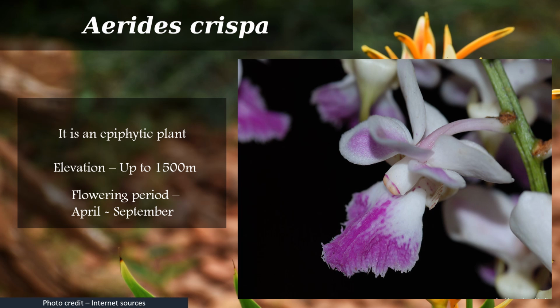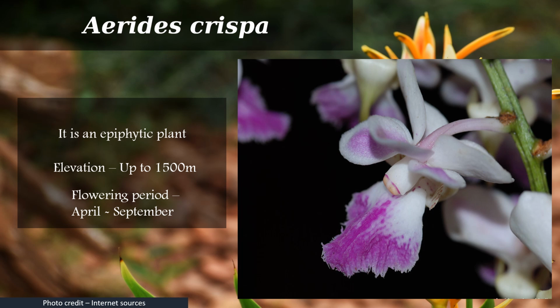The inflorescence is erect to arching, branched, many flowered, and has fragrant flowers also. Most of the Aerides species have fragrance, so they are very attractive to pollinators. That's it for Aerides crispa.